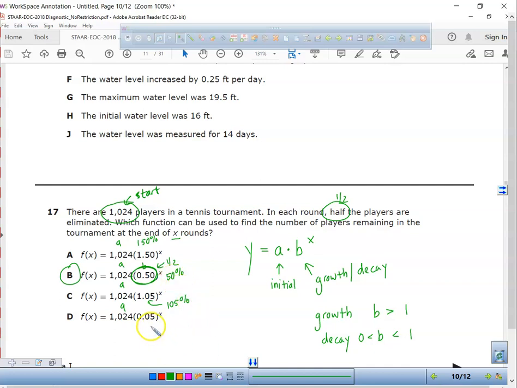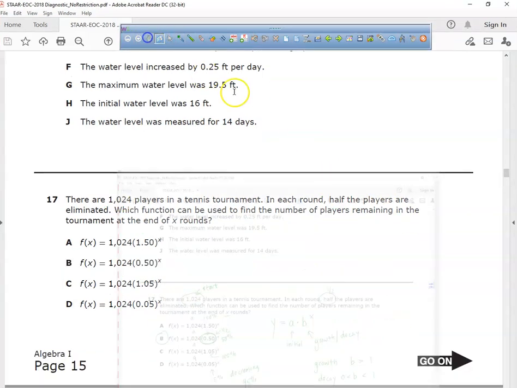This number right here is 5%, but that means it's decreasing 95%. You're losing 95% of whatever you have. So 0.05 means 5%. 1.05 means 105%. So that's just a quick little thing about percentages.